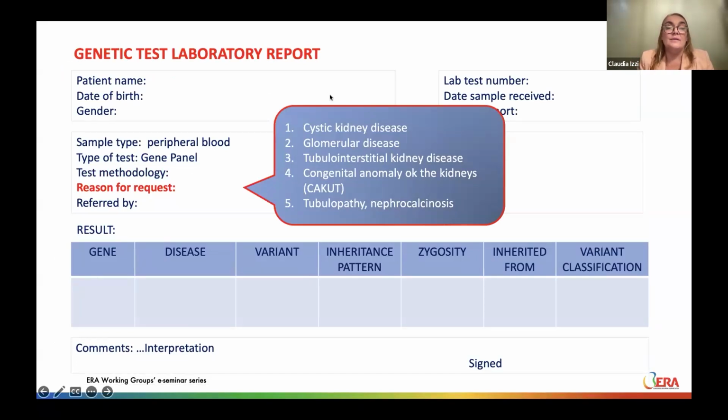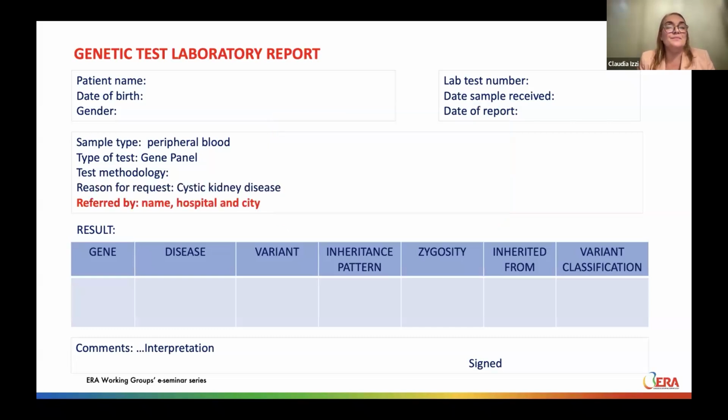So I made just some examples. These clinical information are important, because the interpretation is filtered also on the basis of the clinical phenotype, and the clinician that refers the patient to the laboratory.